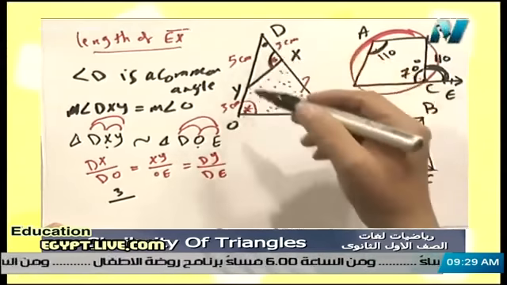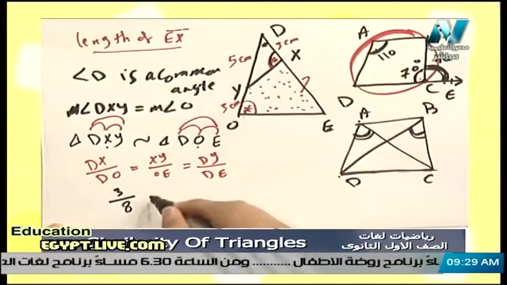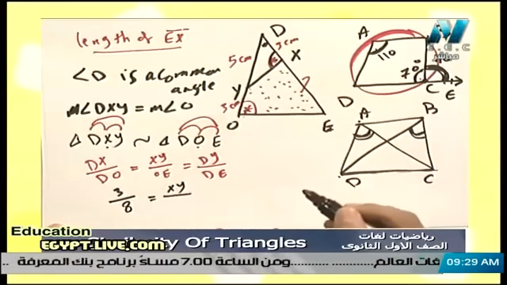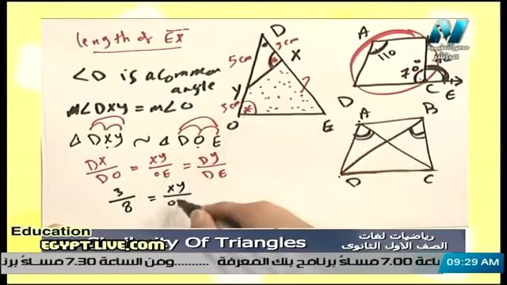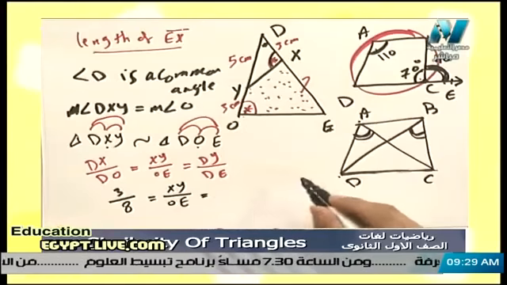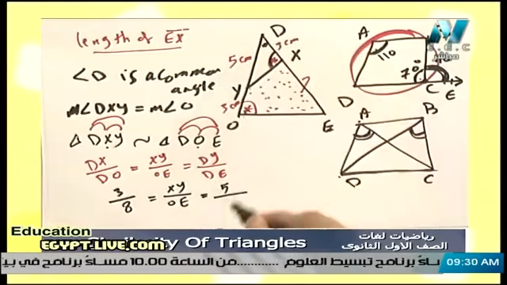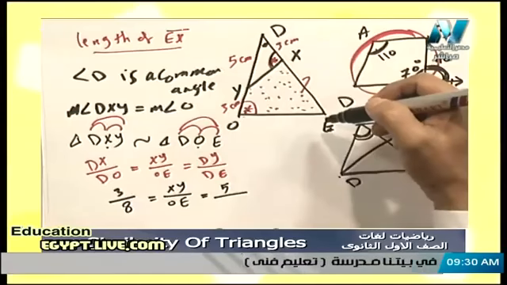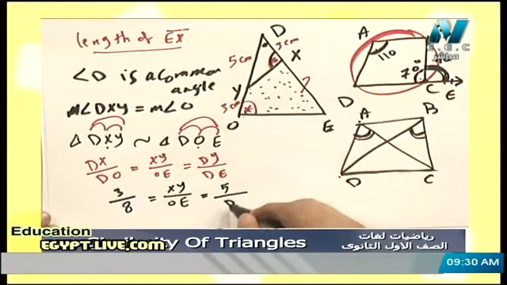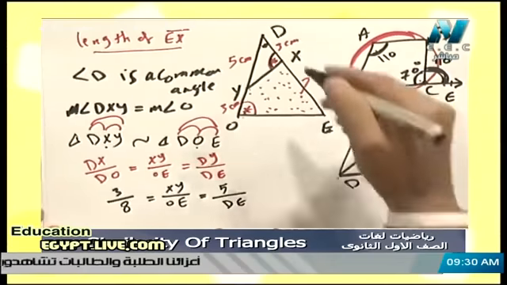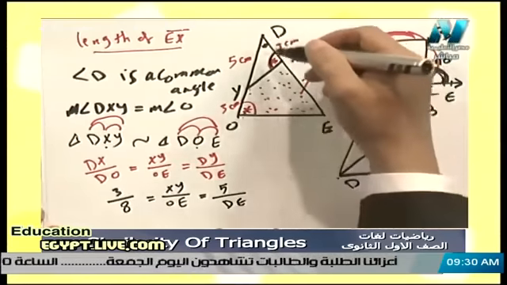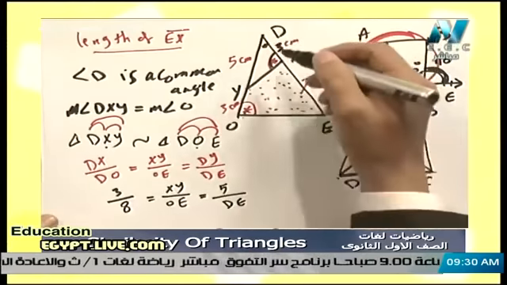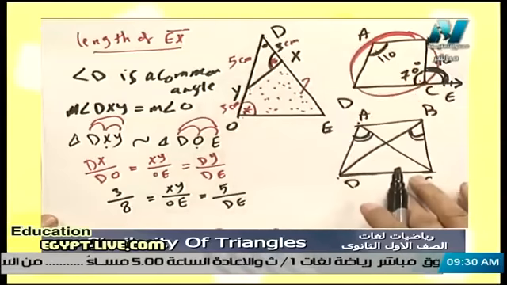DO here equals 5 plus 3 equals 8 centimeters. We have no length for XY or OE, but DY is 5. What about DE? We don't know the length of DE, so we have to find it.